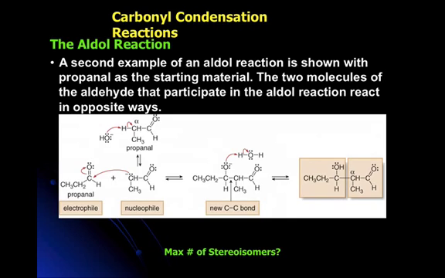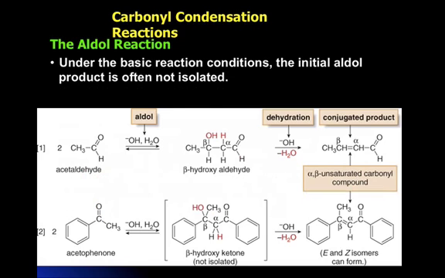This center is R, this one is S, this one is R, that one is R. Those 2 products, would they be mirror images of one another? No, they are not. Those would be diastereomers. And then those diastereomers each would have an enantiomer, right? So we would end up with a maximum number of 4 stereoisomers that we could have for the aldol reaction.